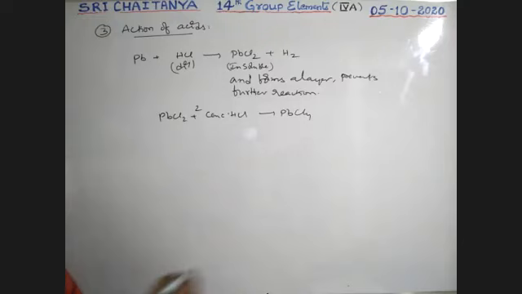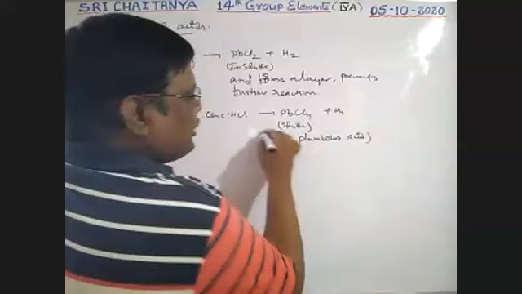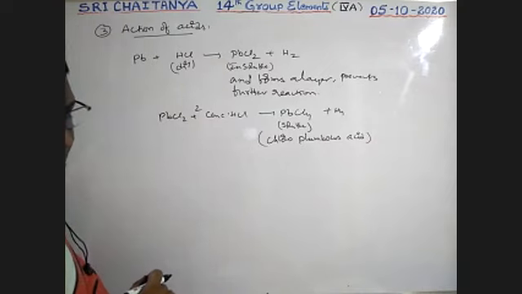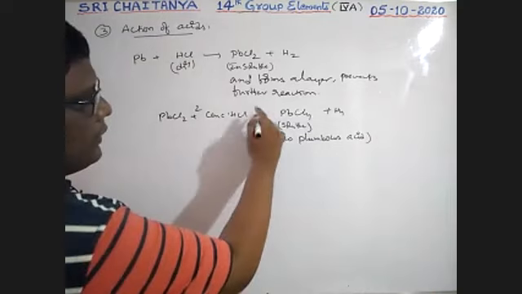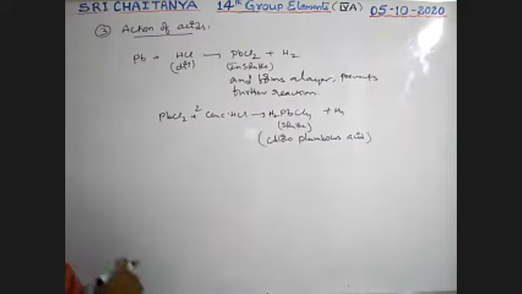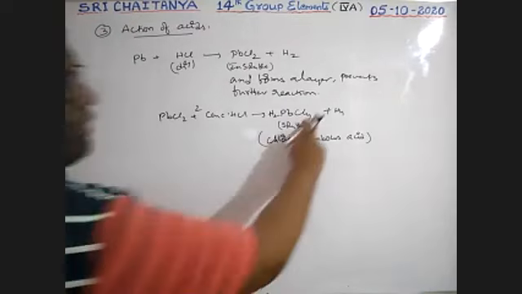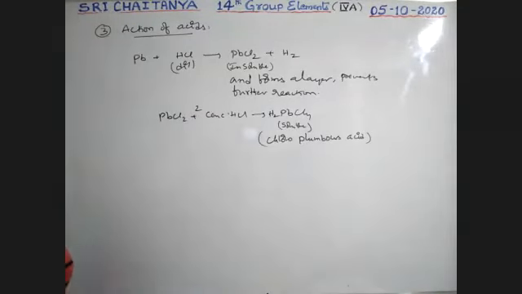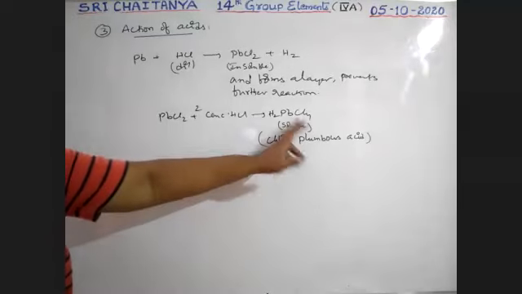Very, very important: chloroplumbous acid is the name, which is soluble. So PbCl2 reacts with 2 equivalents of HCl and gives H2PbCl4. So that gives chloroplumbous acid, which is soluble.